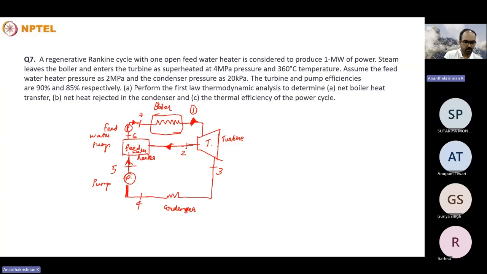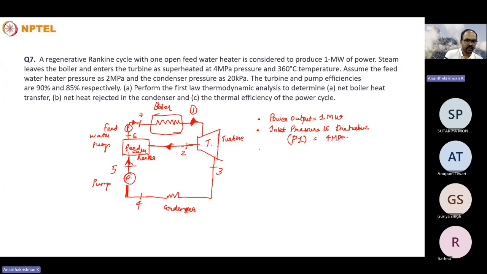So in this particular problem, the power output is given as 1 megawatt. Then the inlet pressure to the turbine, the P1 point is written as 4 megapascal.